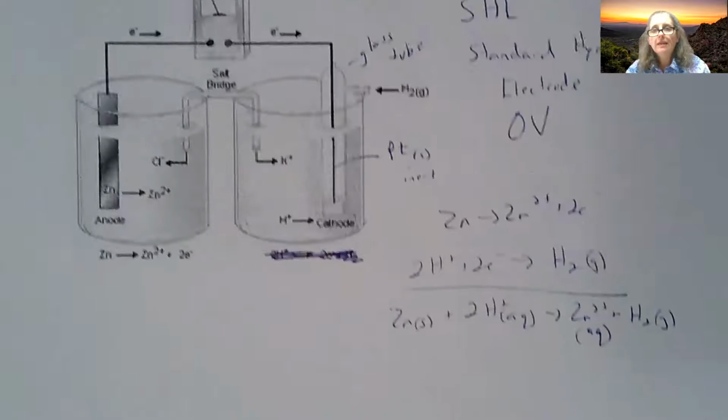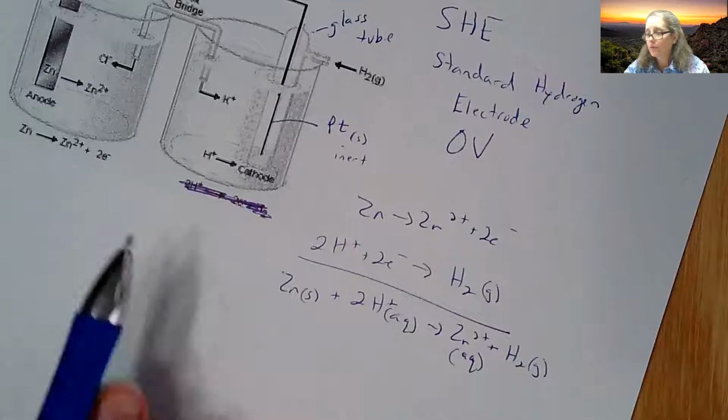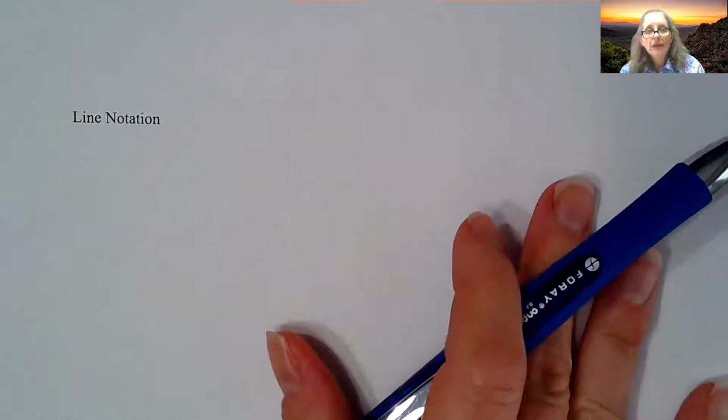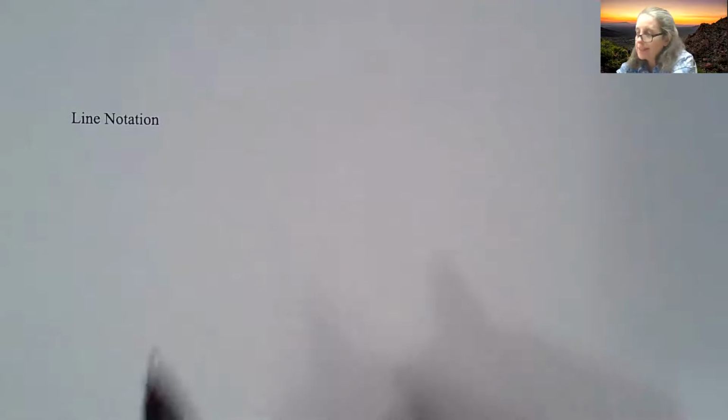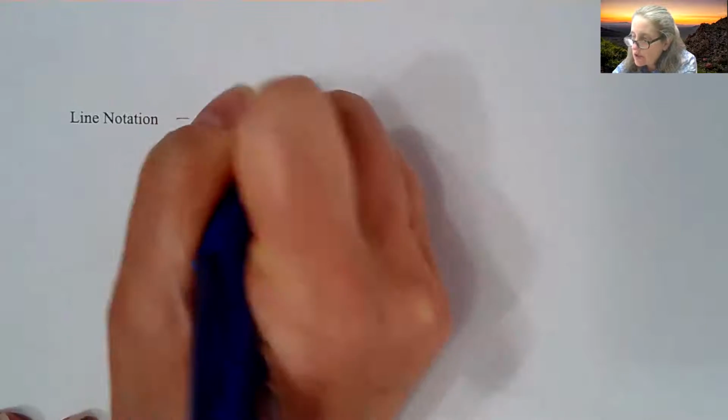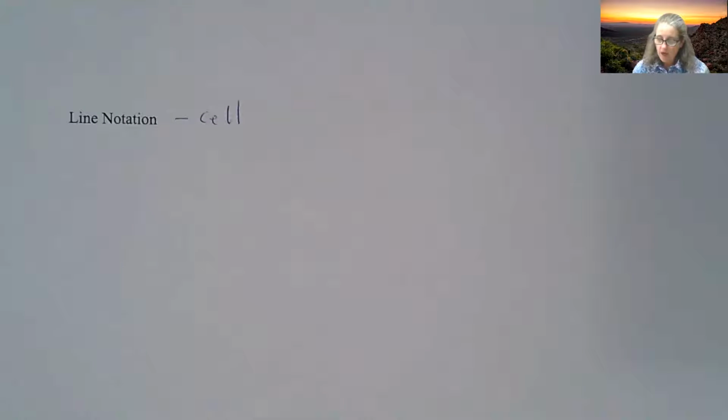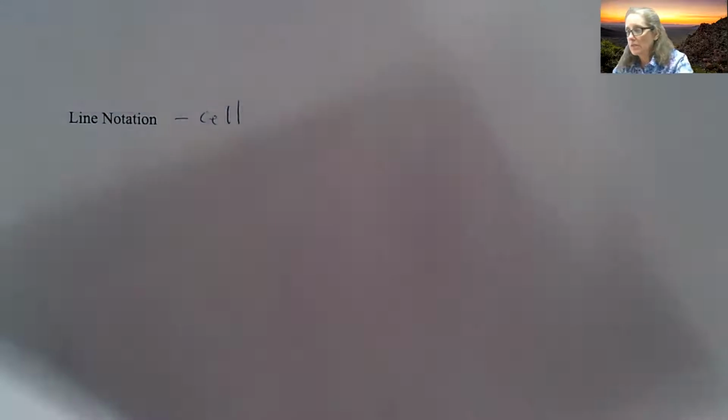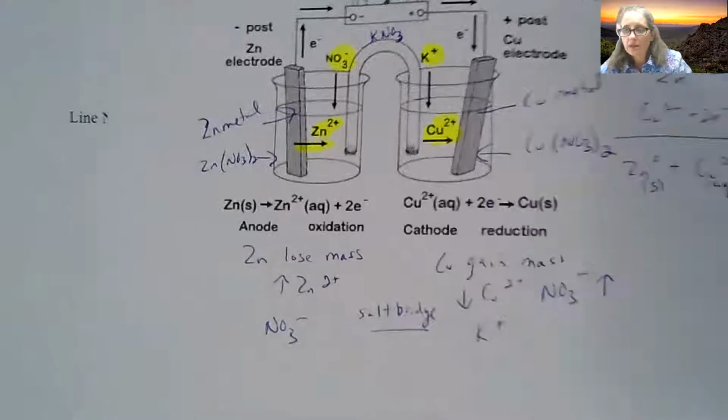But when we're doing these half cells, there is another notation that we're going to use called line notation. This is to show the cell itself without having to do a lot of drawing. Sometimes you're going to see a full setup with two cells and the metals and all that.